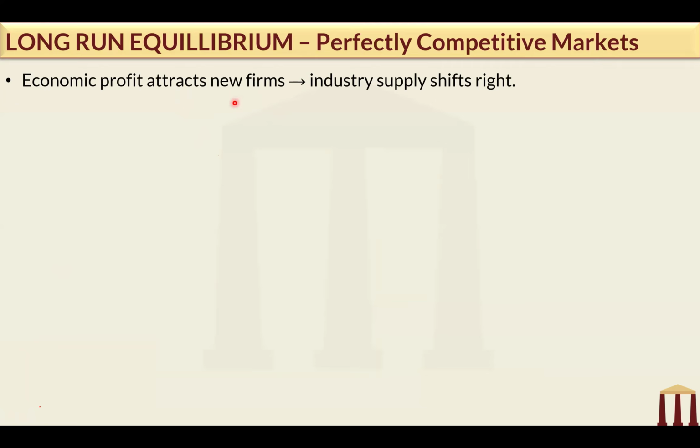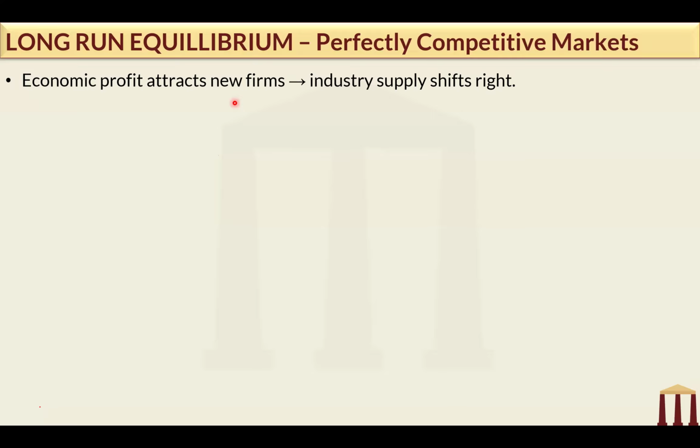Because the barriers to entry are very low and products are very homogeneous. Economic profit is a very powerful signal. It will bring new players, new entrepreneurs, new farmers into the industry. And new entrepreneurs will try to replicate the same idea, same technology, compete for the same buyers, and begin to supply output at the same market price.